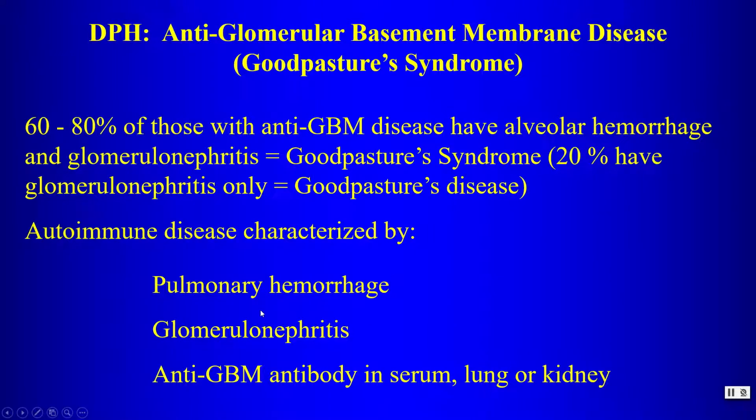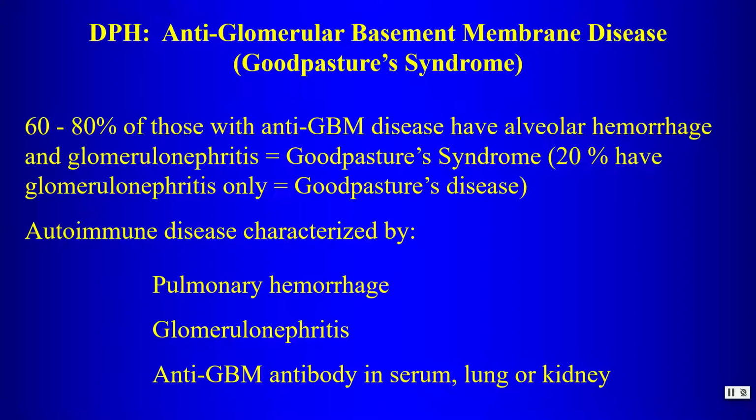So starting with Goodpasture syndrome, this is because we have anti-glomerular basement membrane antibody, which then cross-reacts with the lung tissues, and that's what results in the pulmonary hemorrhage.